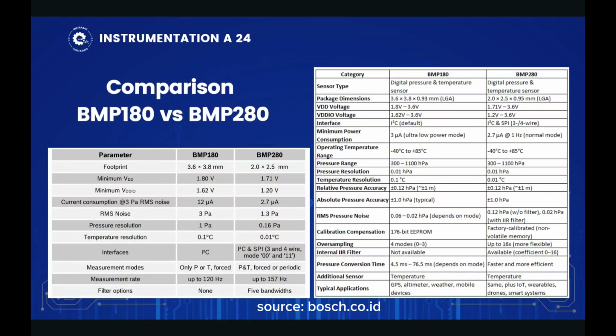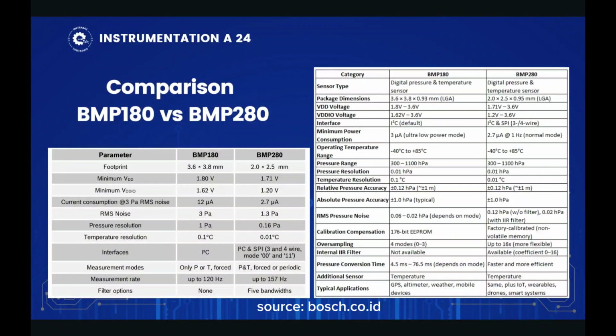This slide compares two pressure and temperature sensors, the BMP180 and the latest BMP280. While the BMP280 is more advanced, it's smaller in size and consumes less power, just 2.7 microamps compared to 12 microamps for the BMP180.